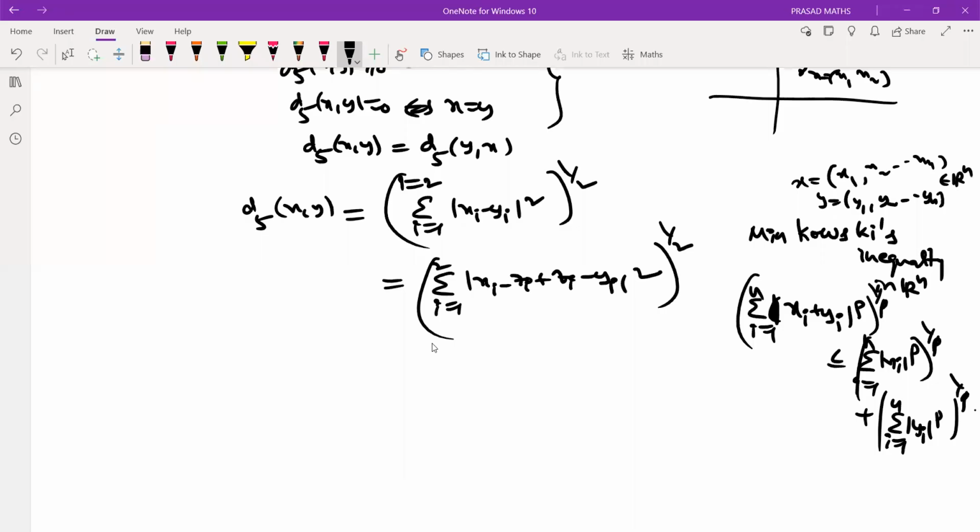And p is a number which lies between 1 and infinity. So here p equals 2, which is bigger than 1, therefore it satisfies this. So this is a number, this is a number.